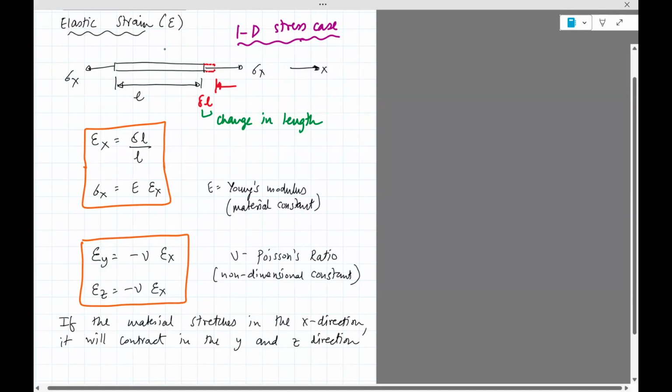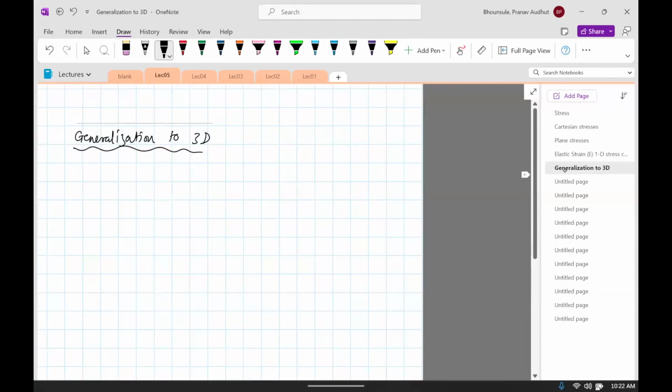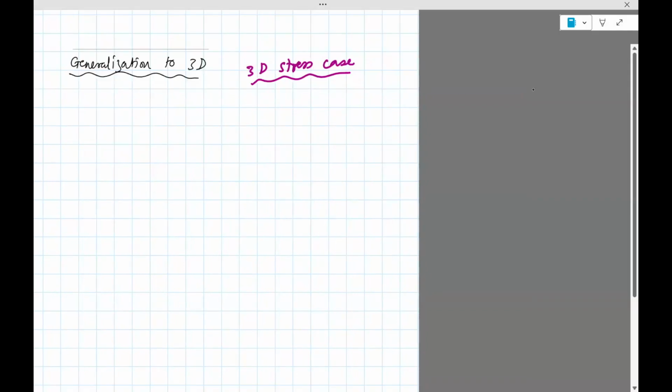Okay, now what will happen if you apply stress in the x, y, and z direction? So that's the generalization of this particular case, and I'll write that down. This is going to be the 3D stress case. Instead of drawing something which has length in the x direction, I'm going to draw a cube and induce stresses on all the faces.